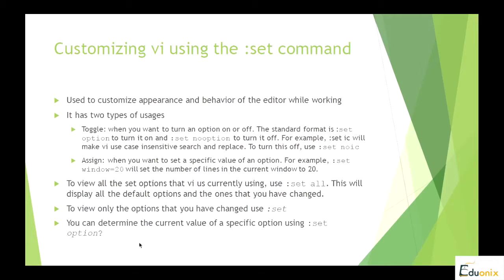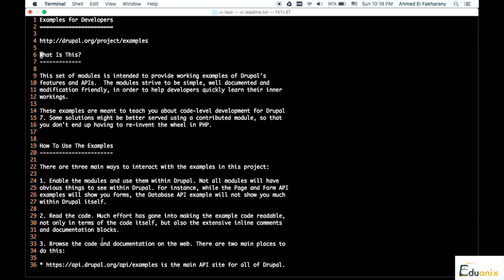Perhaps you want to see whether a particular option is turned on or off. You won't have to look at the large list of options displayed by the set or set all commands. In this case, you can use set followed by an option and followed by a question mark to see if this specific option has been turned on or off. For example, I have already set nu, and it's very obvious that it is set because you have the line numbers displayed in the file. But what about ignore case?